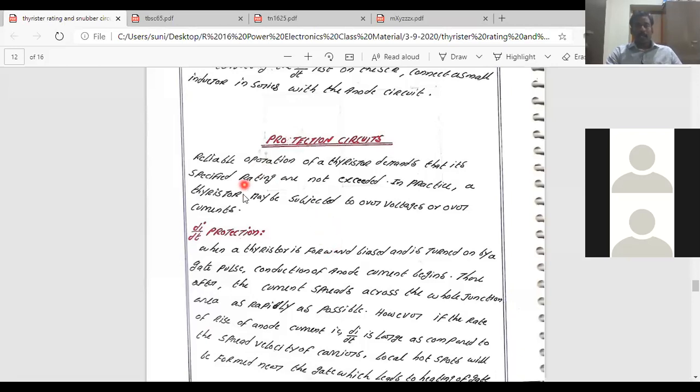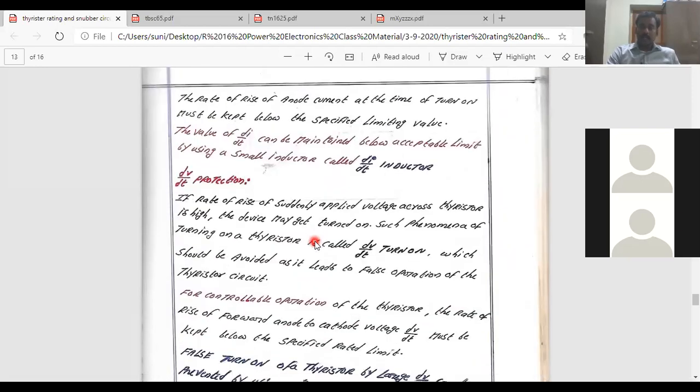So majorly for reliable operation of the thyristors, none of the specifications should be exceeded in the ratings. Majorly we need to protect the device from di by dt and dv by dt.